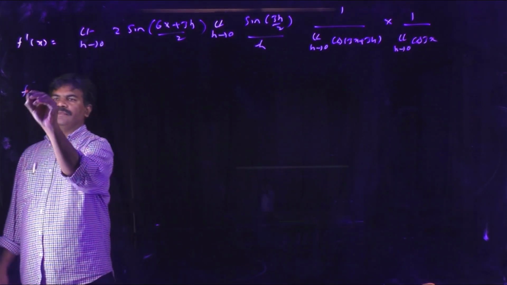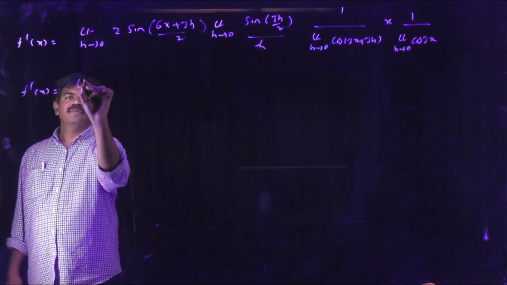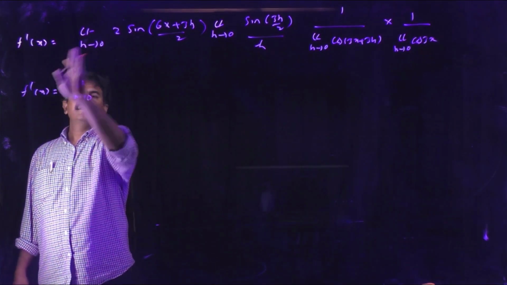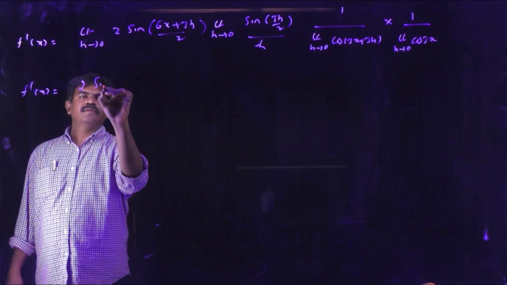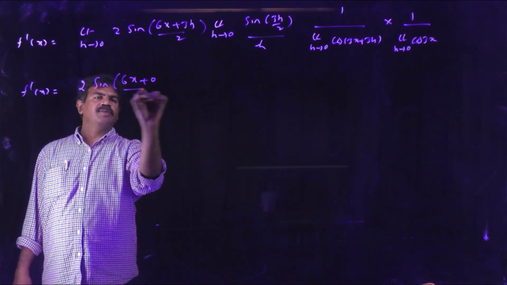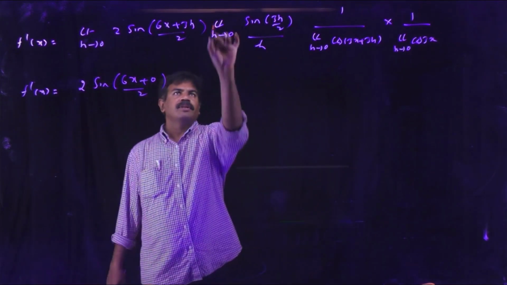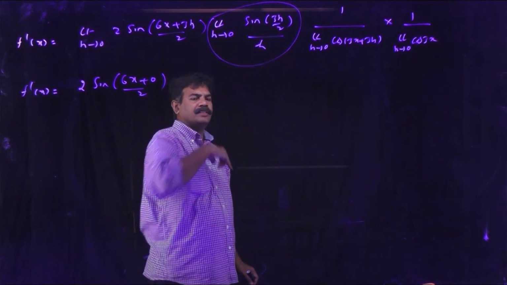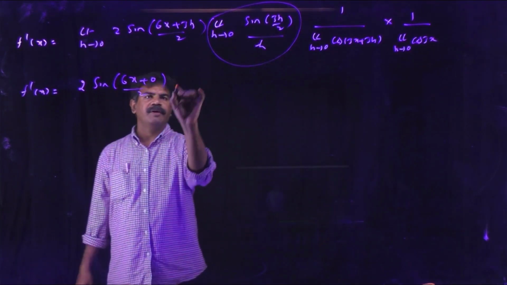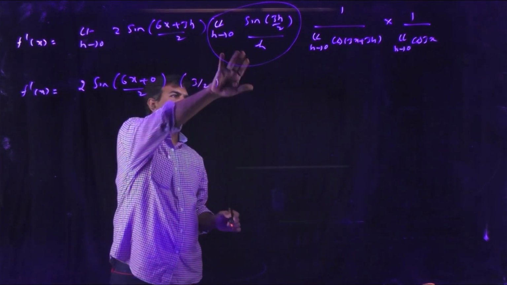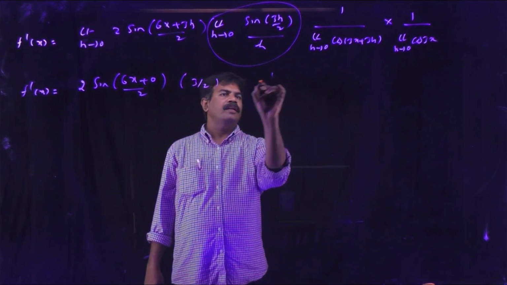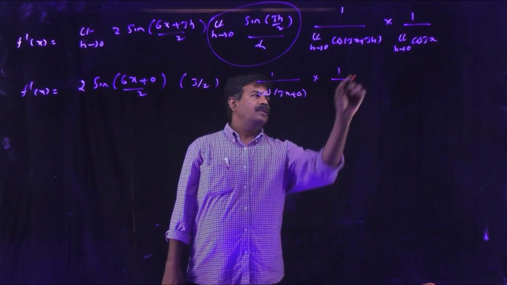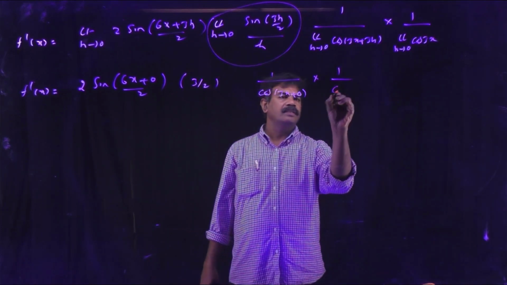That is f dash x is equal to limit h tends to 0. So we apply limit here, that is 2 into sin of 6x plus 0 by 2. Already we know that this is in the form of limit x tends to 0 sin ah by h, that is here a is equal to 3 by 2. The value of this limit is 3 by 2. So now apply the limit cos of 3x plus 0 into limit x tends to 0 cos 3x is cos 3x.